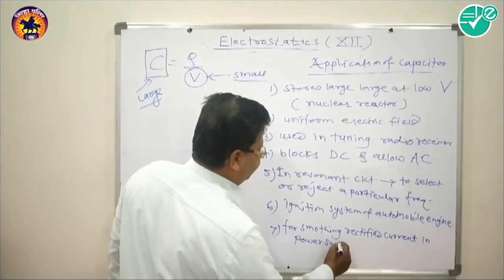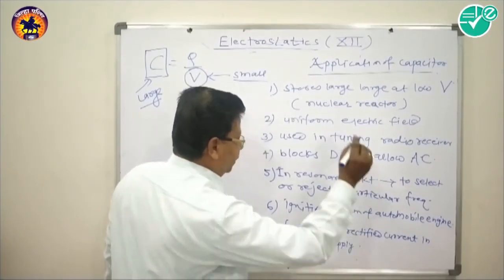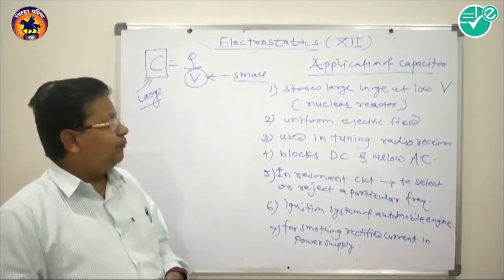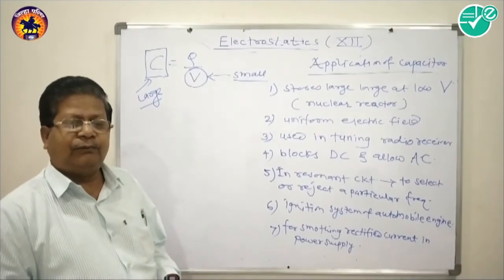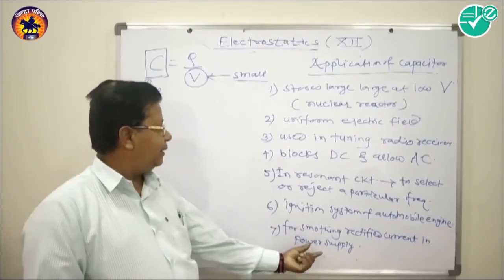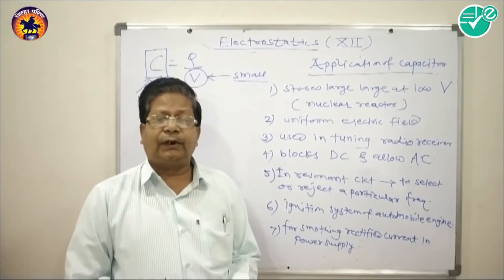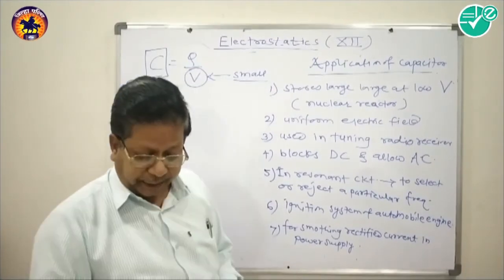As we use power supply in our homes, to rectify the current we use a rectifier, and this rectified current is smoothened by the capacitor in the power supply.